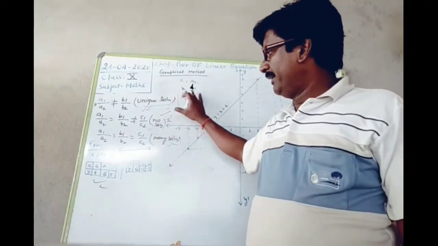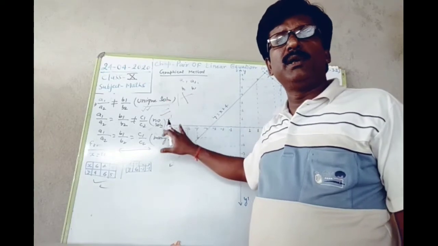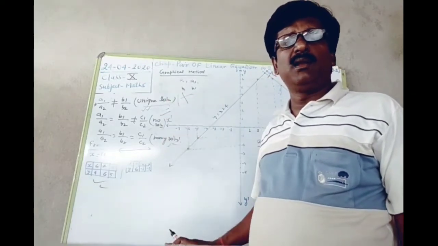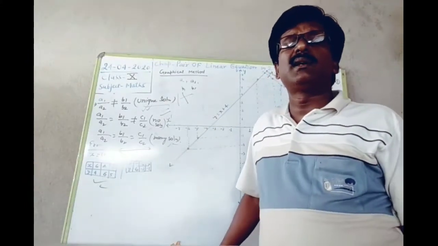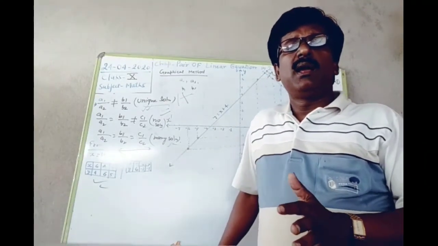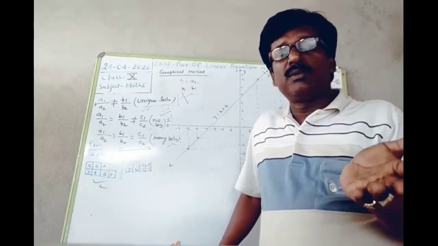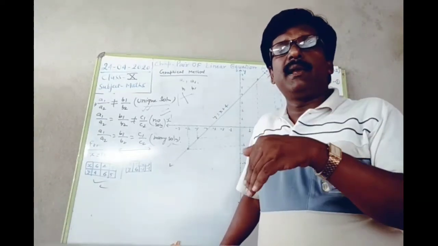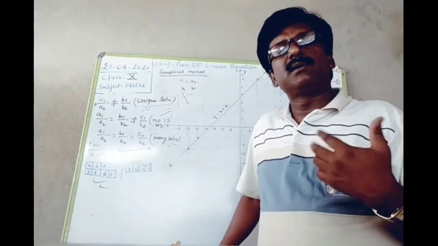So whether intersecting lines or coincident lines, both will be consistent. And if the lines are parallel, then that will be inconsistent. Inconsistent means no solution, and consistent means at least one solution. So whether we get intersecting lines or coincident lines, both are referred to as consistent.